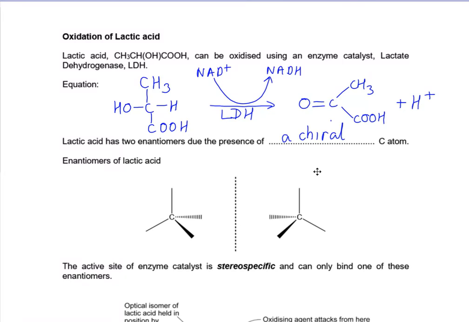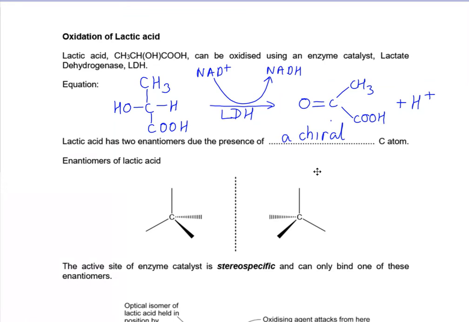Lactate dehydrogenase is an enzyme. It catalyses the oxidation of lactic acid or 2-hydroxypropanoic acid. This is formed in your muscles when you exercise anaerobically, like if you complete a 100-metre sprint. It's what makes your muscles ache.